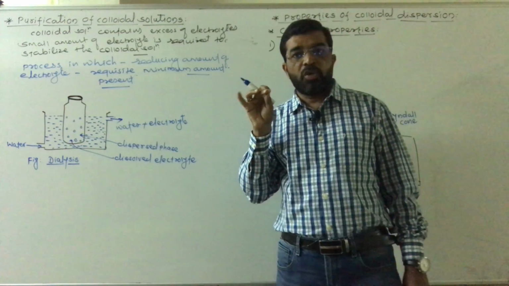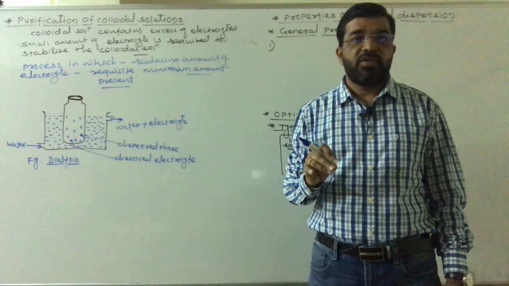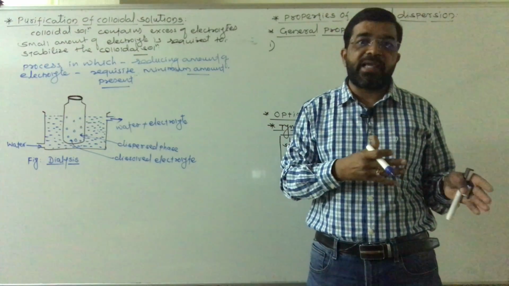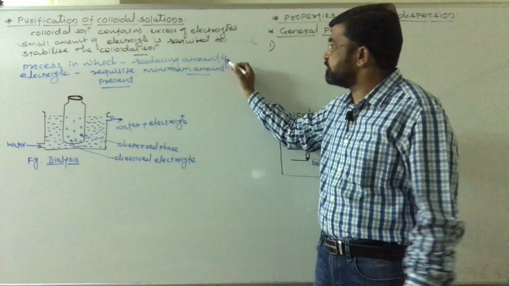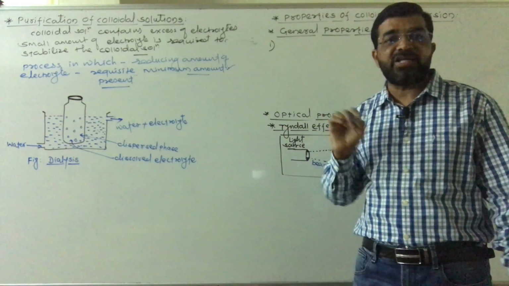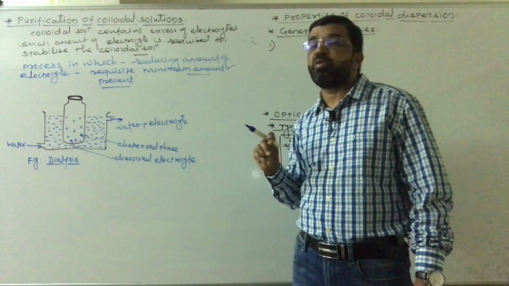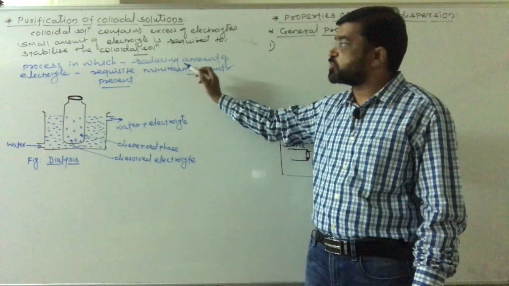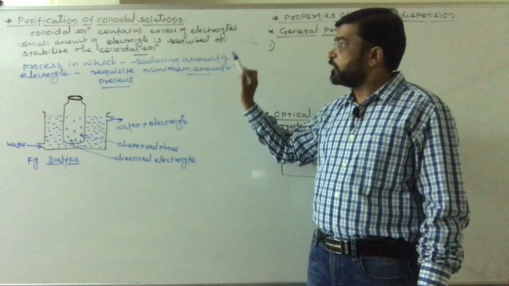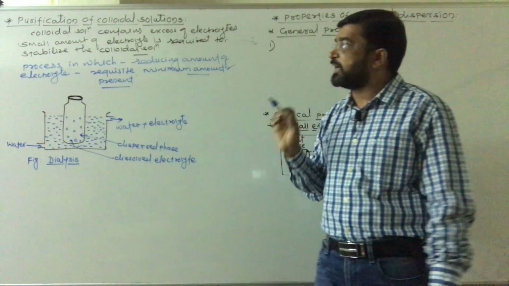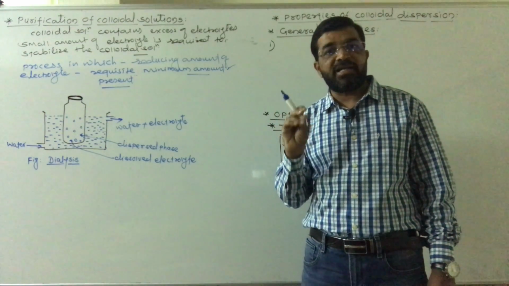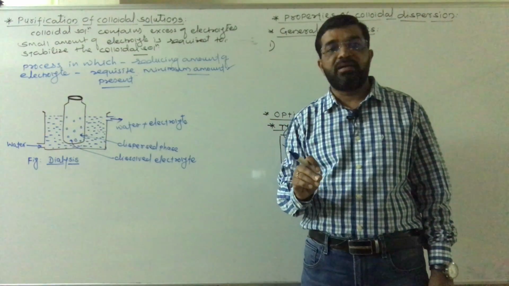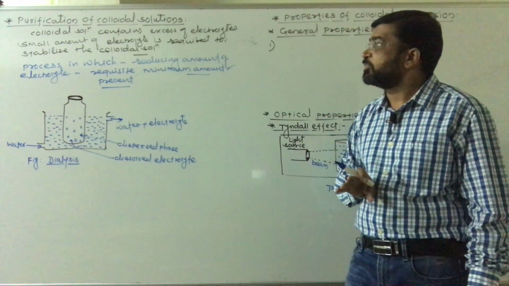That is, in the colloidal dispersion, the amount of excess electrolyte is reduced and only as much as is needed is kept in it. So purification of colloidal solution is the process in which the excess amount of electrolyte is reduced and it should be present in the requisite amount in that solution which is required. That is called purification.